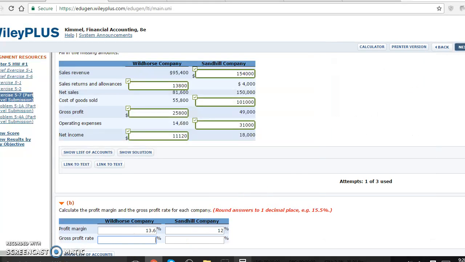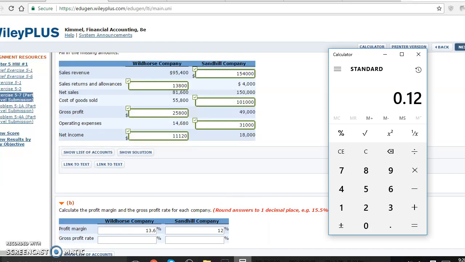Now the gross profit rate, in this case, will be the difference between the net sales and the cost of goods sold, all divided by, again, the net sales. So let's go ahead and do that.